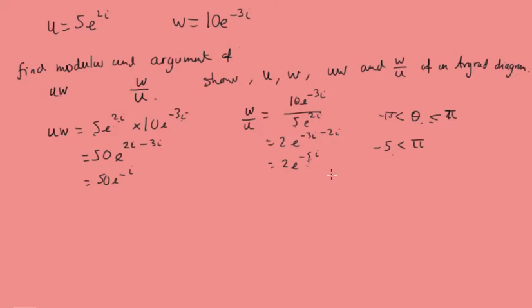So we need to take our theta to be equal to 2 pi minus 5, because we've got this angle here, is alpha, this value 5, but we want this value here, theta.